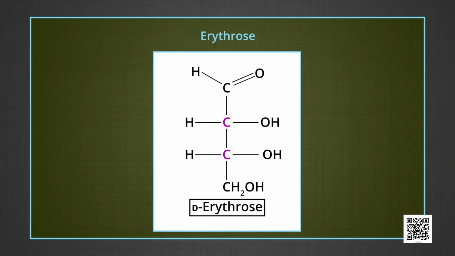Second carbon is having H group and OH group. H and OH can be on the left and the right side, but their position is always on the side chains. Next carbon again carries one H and OH. Then next is CH2OH group.